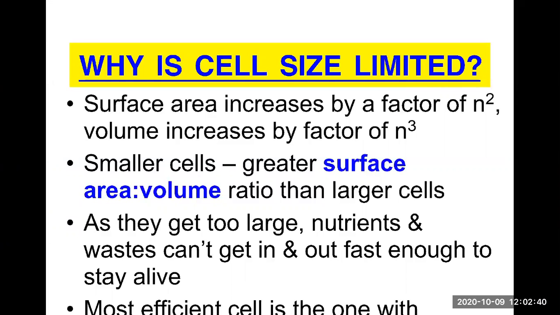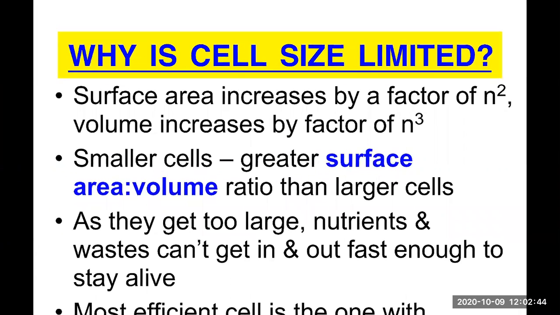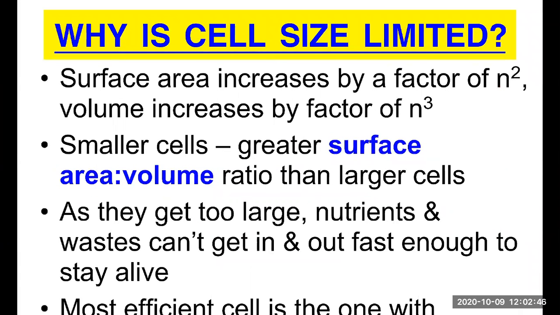So here's the bottom line. The notes explain that surface area increases by a factor of n squared and volume increases by a factor of n to the third. But what you really need to understand ultimately is just that the surface area does not increase as quickly as the volume.